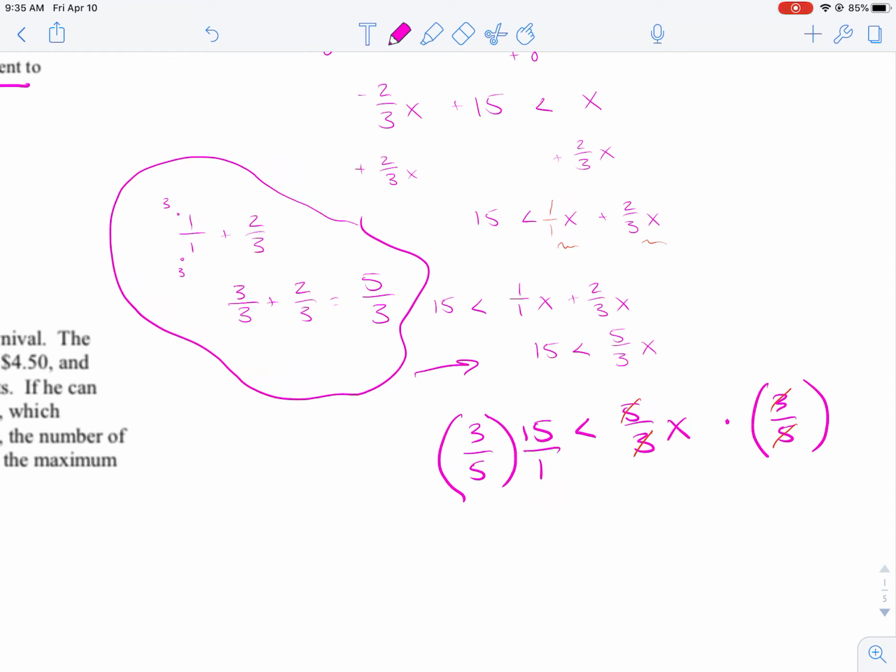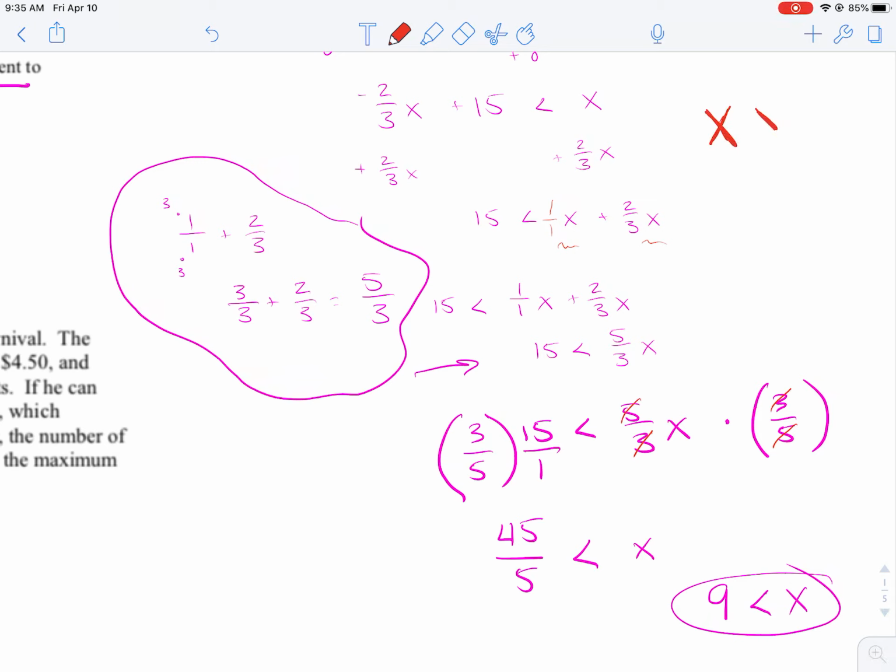And then what happens on the right? Your 3's and your 5's cancel. What happens on the left? You get 15 times 3, which is 45, over 5. And 45 divided by 5 is 9.